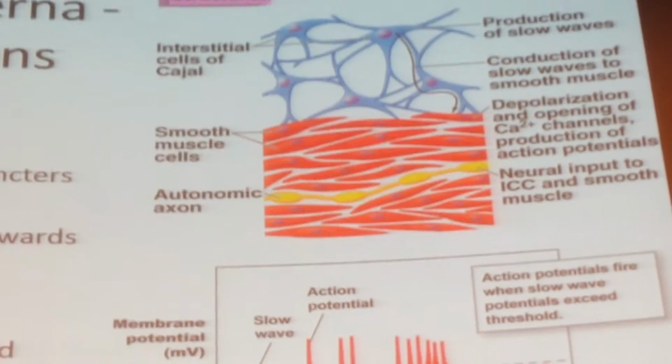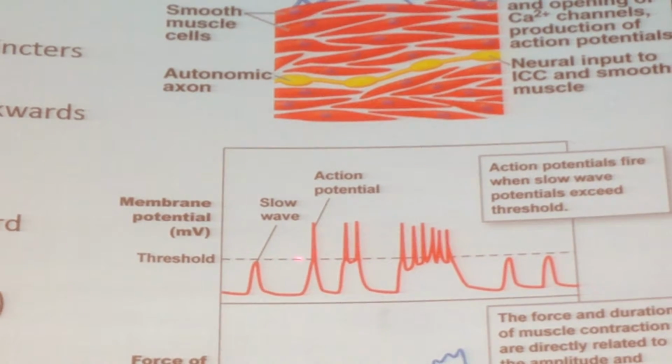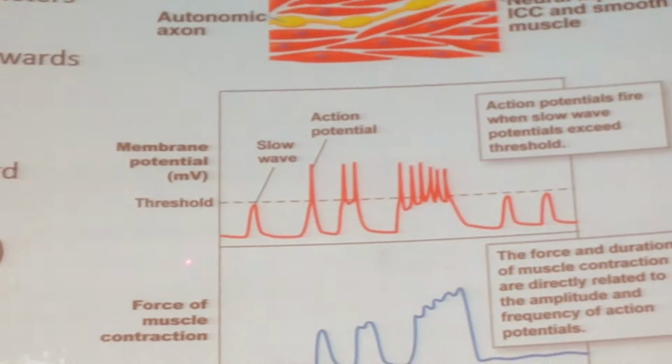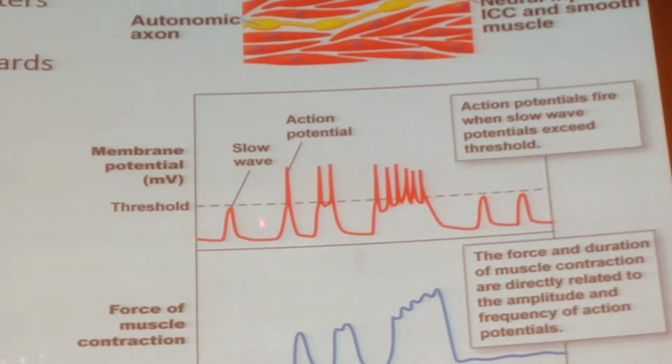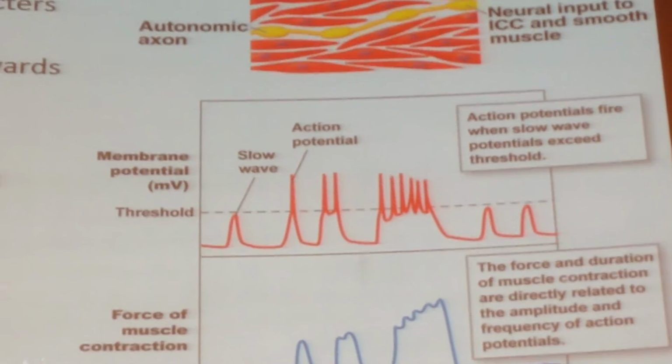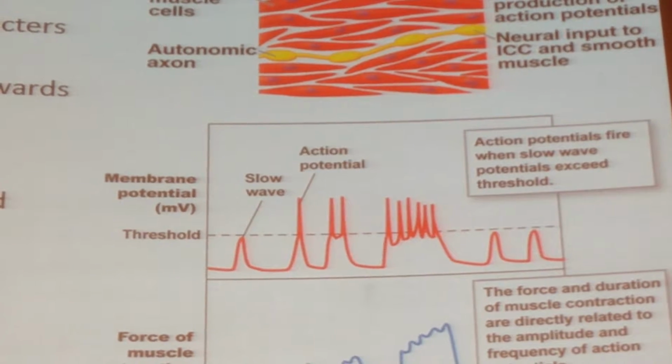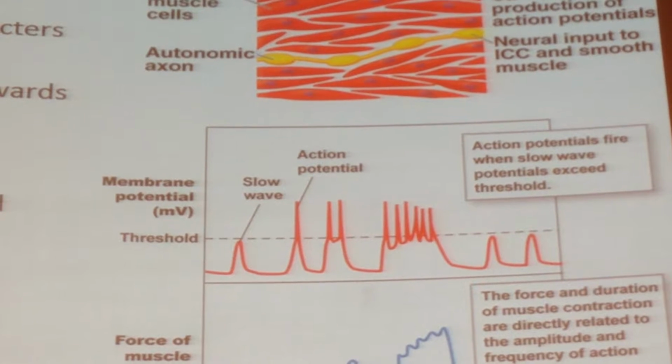One of the things you may notice in the bottom trace here is that normally those cycles do not reach threshold. If you do not reach the threshold, and you're looking at the force of the muscle contraction, you don't see contraction. Normally you don't see it.